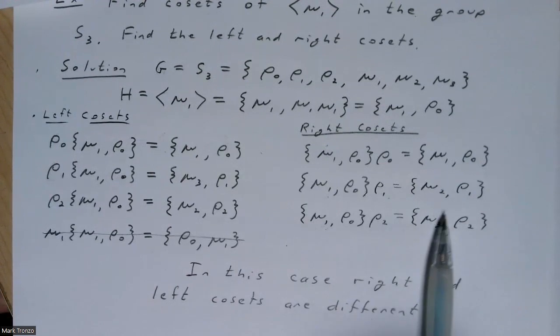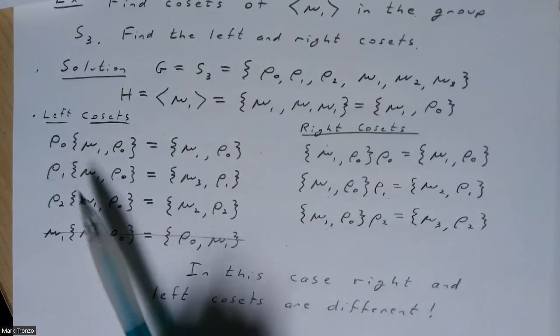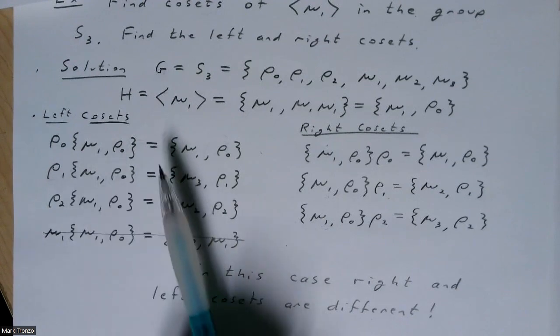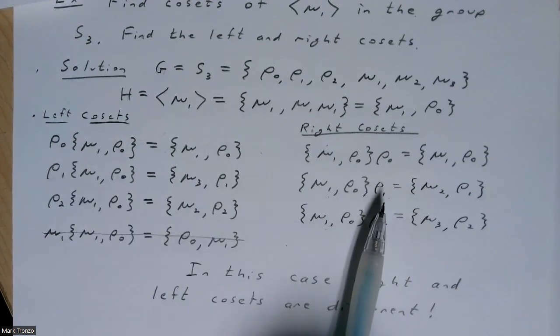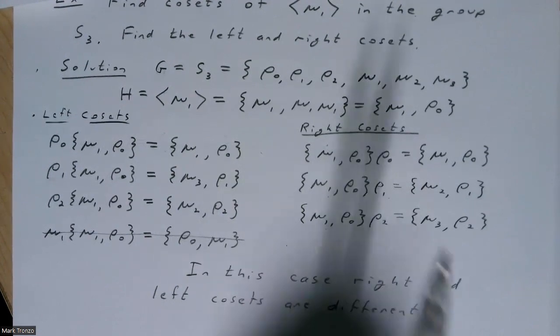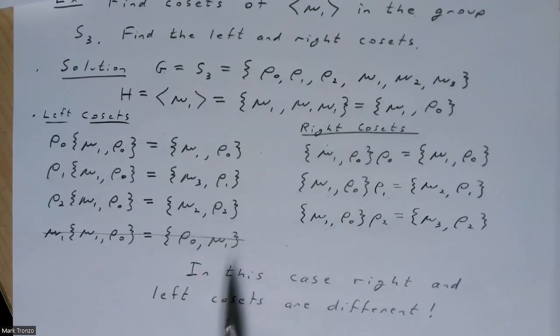In other words, they could ultimately all match, but we wouldn't necessarily have the same member of the group G generating the same coset. They may be kind of mixed. But in any case, there are cases where the left and right cosets are different, and this is a good example.